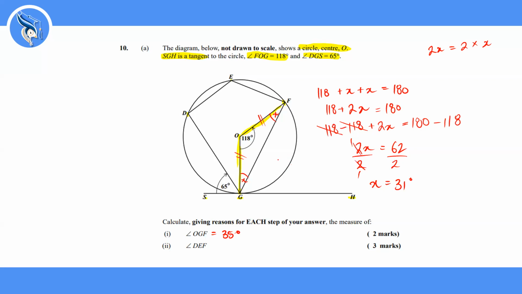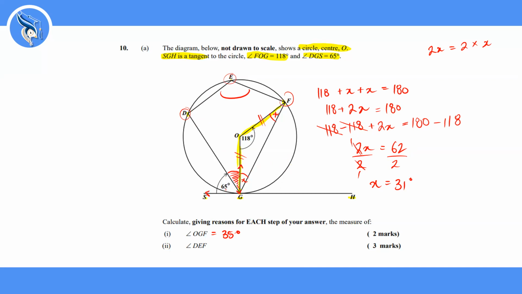So now that we found that as 31 degrees, we can go ahead and do D, E, F right there. How are we going to do this? First, we can figure out the size of the angle right here, because this is a radius and this is a tangent.